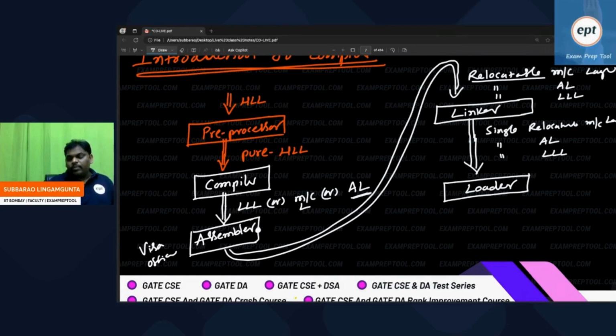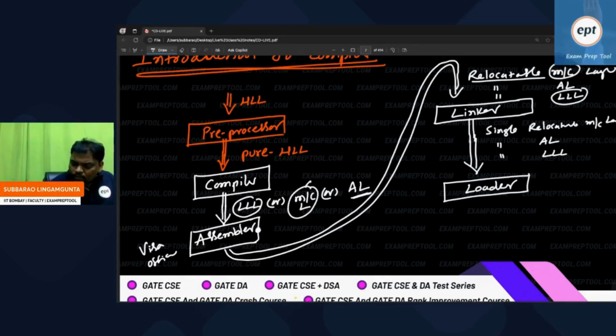Visa people will allow you to go from India to the US. In a similar way, the assembler will allow you to go from hard disk to main memory, hard disk to cache memory, or main memory to cache memory. This is called relocatable code. Previously also low level, now also low level, but relocatable low level language. Previously also machine language, now also machine language, but relocatable machine language.